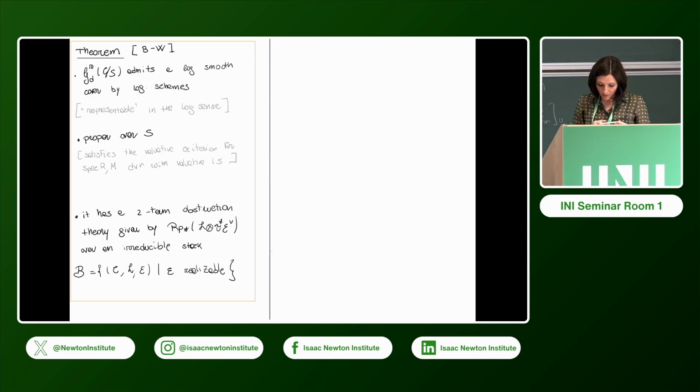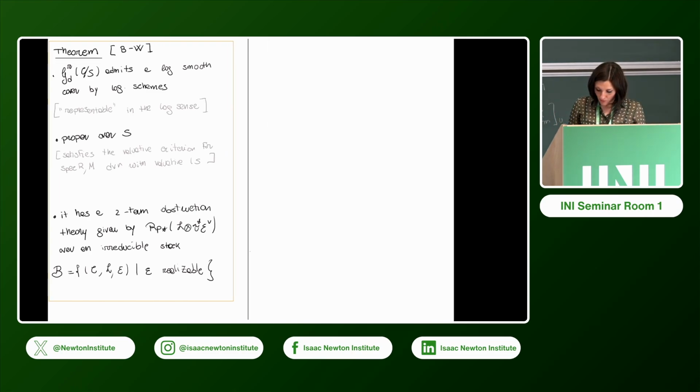And what we can prove is also that this is proper over the base, meaning it satisfies the valuative criterion. And it has a perfect obstruction theory relative to an irreducible stack.